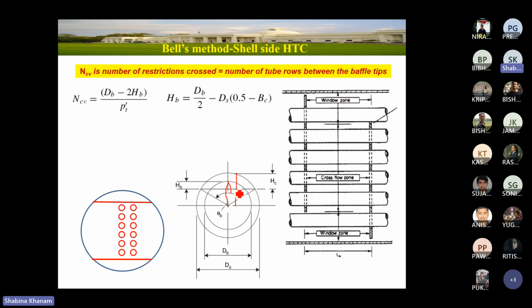BC is the baffle cut, usually like 0.25 or so. When we define it, it is basically HC by DS. So that is baffle cut, and 0.5 into DS, half of DS. So this height minus this height gives me this height.